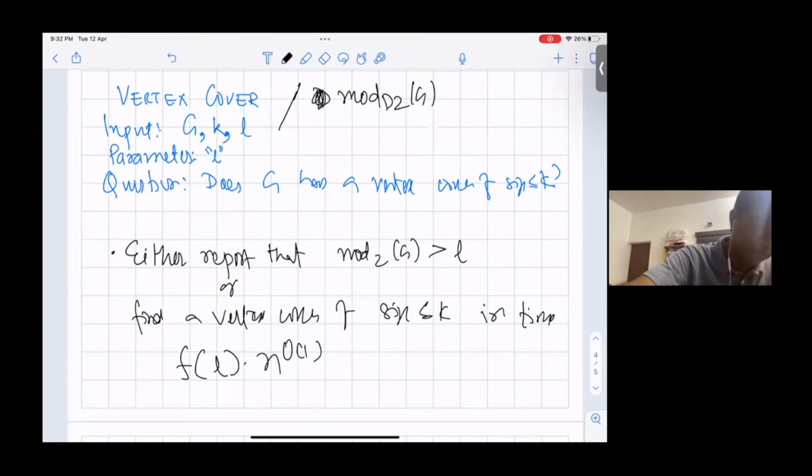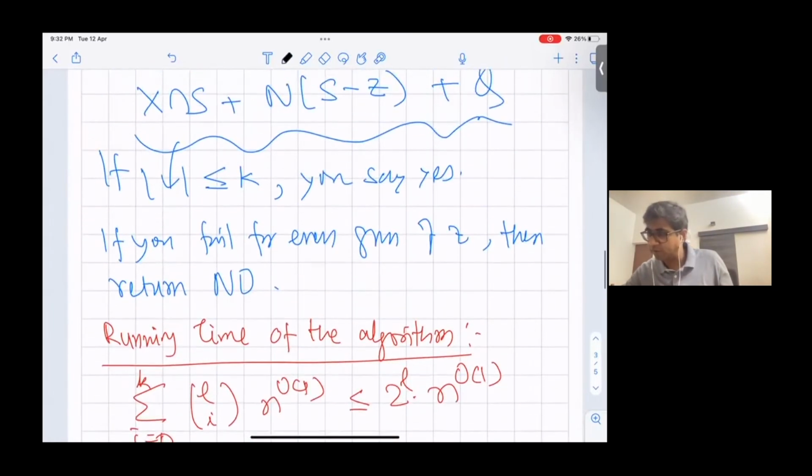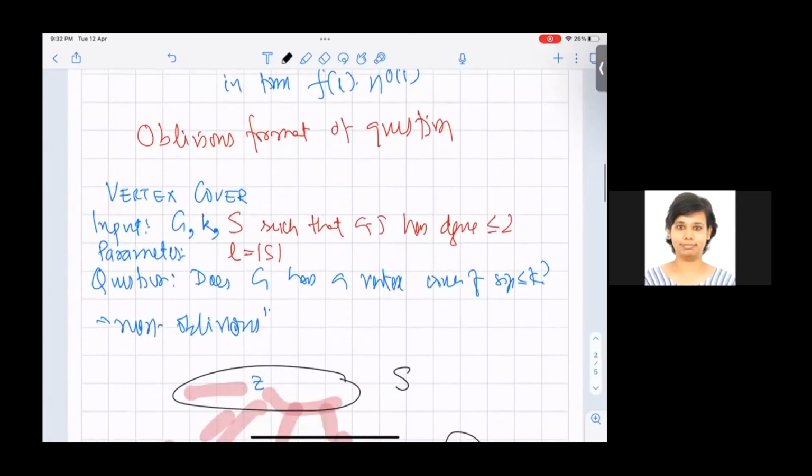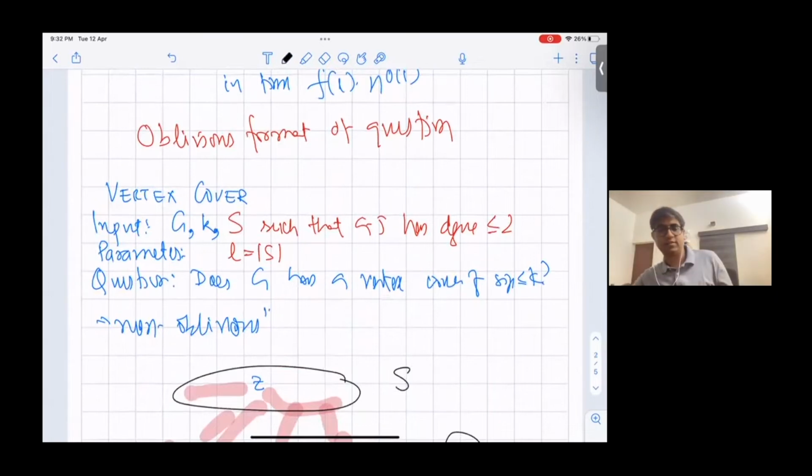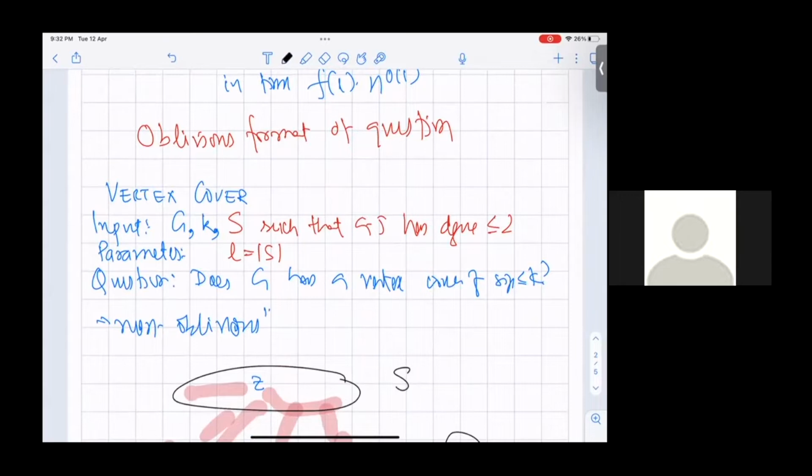So there's a very big difference. Look at the oblivious and non-oblivious versions. What is the input? The input has G, k, S such that S is a modulator.